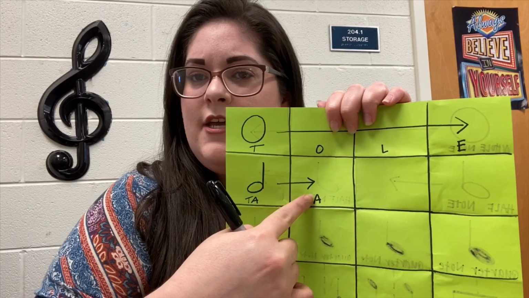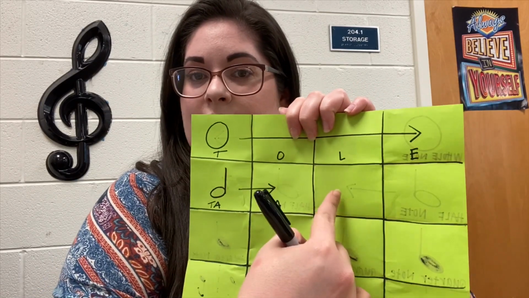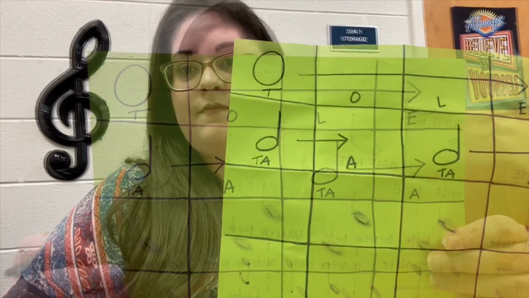I want you to do the same thing you did right here in these 2 boxes, and it will look like this. Here, do it with me now. Draw a bubble. Don't color it in. Stem going up. Draw your arrow from the half note into the next box because it gets 2 beats. And then underneath it, we're going to write T-A and then an A underneath the arrow. So it looks like this.